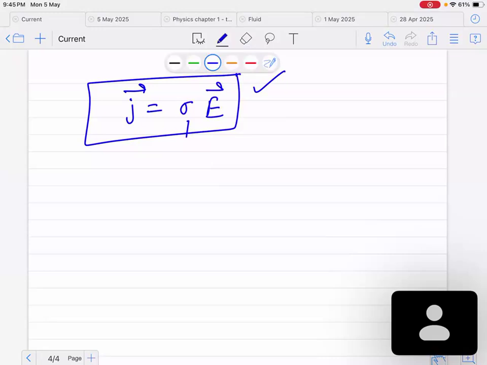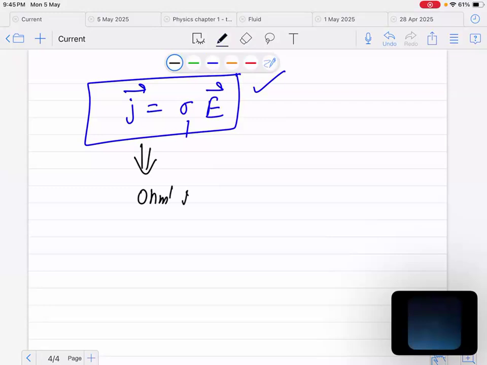So this expression is famous by the name of Ohm's law in vector form.